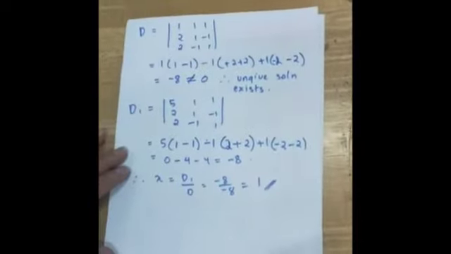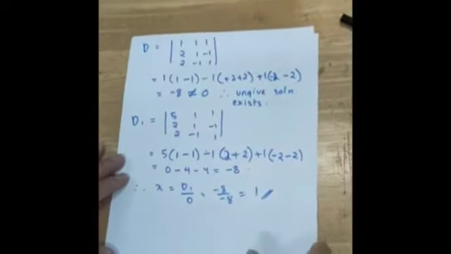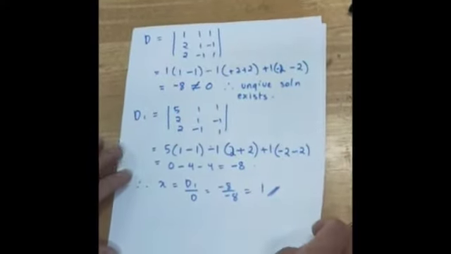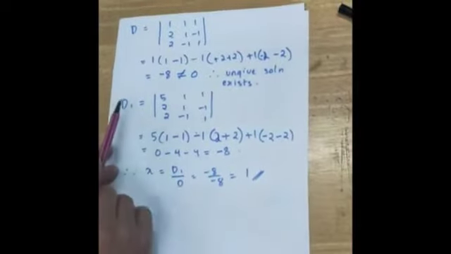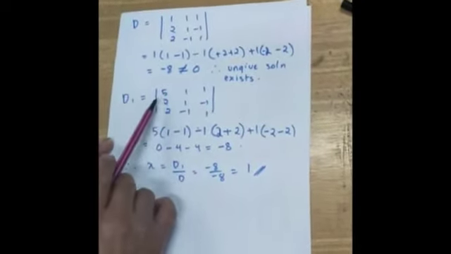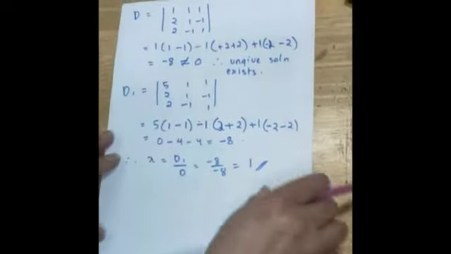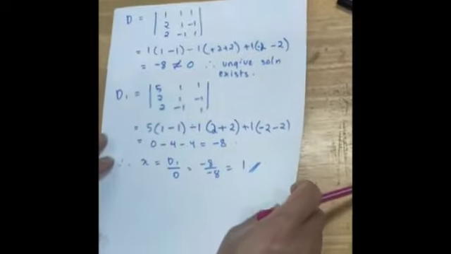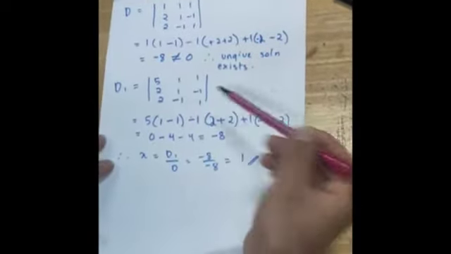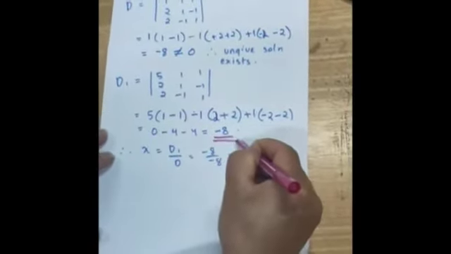Next step is to find the values of d1, d2 and d3, and to finally compute the solution for x, y and z. In order to find the value of d1, the first column of our coefficient matrix A should be replaced by the constant matrix B. Therefore we have this determinant for d1, which is equal to -8.